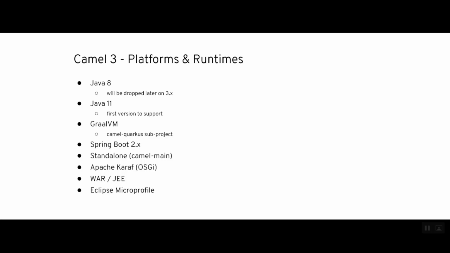The Spring Boot baseline version is Spring Boot 2 for Camel 3. We have the standalone Camel main introduced in Camel 3, the OCI support to Apache Java, WAR and Java Enterprise support, and also the Eclipse MicroProfile specification support.